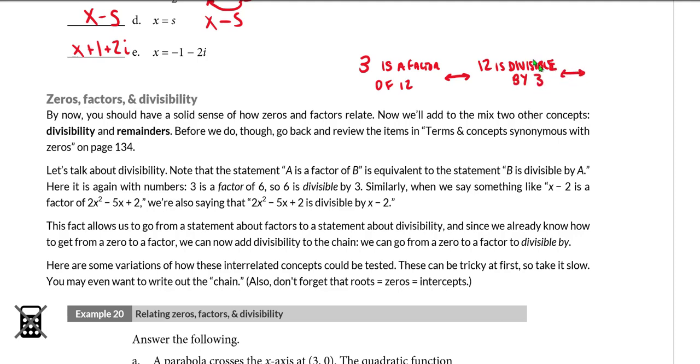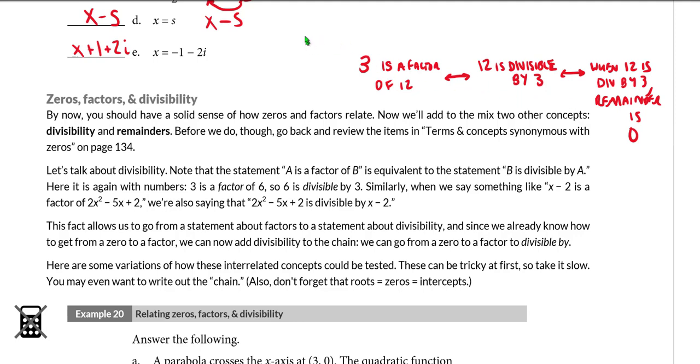And by the way, since we're about to talk about zeros, factors, and remainders in another page or two, that was also the same as saying that when 12 is divided by 3, the remainder is 0. These are just three ways of saying the same thing.